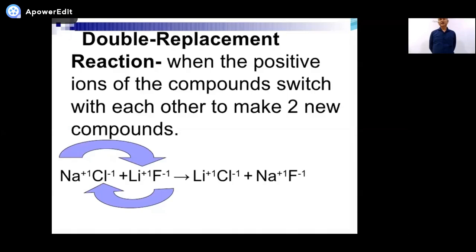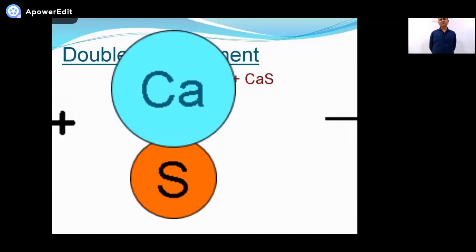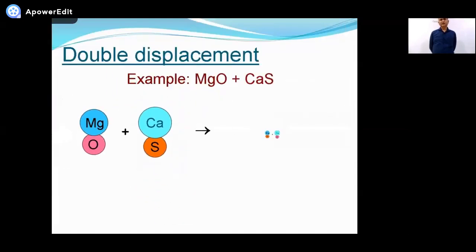Means the displacement is occurring at two places. That is why it is called double displacement reaction. See, the partner of calcium is sulfur and the partner of magnesium is oxygen. Then after reaction, there is an exchange. Calcium has gone with oxygen and magnesium has become the partner of sulfur.